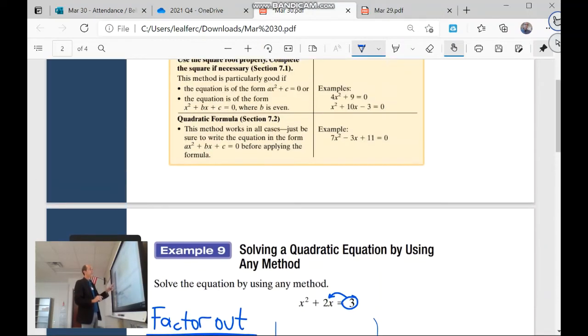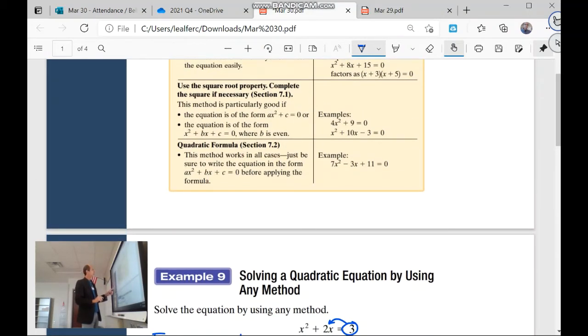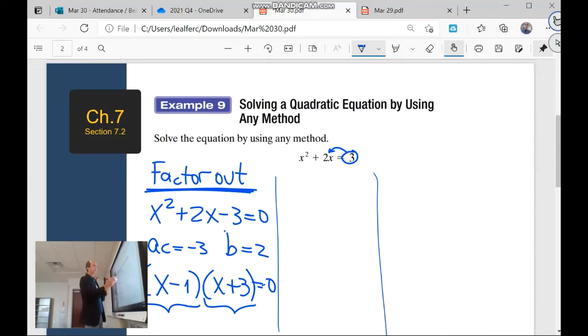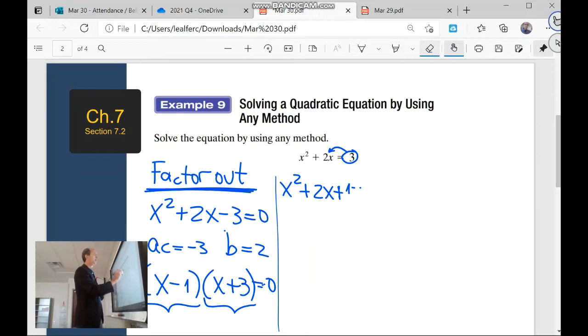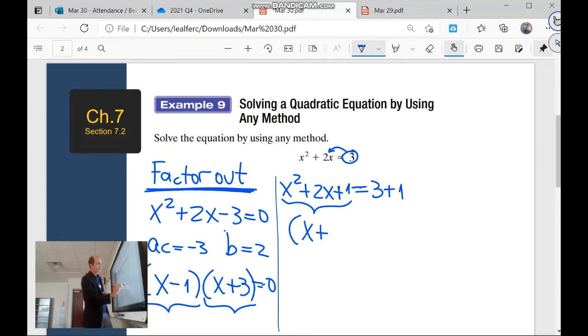Another method is the square root property and completing the square. You can complete the square here: x squared plus 2x plus 1 equals 3 plus 1. Right? Because this is a perfect square trinomial, you can write this as x plus 1 squared equals 4.